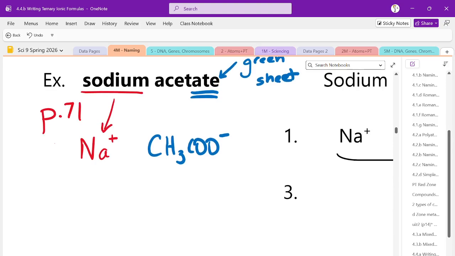Once you've got the two ions, what do you need to do? Make the positive equal the negative.